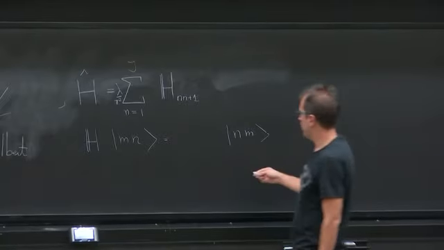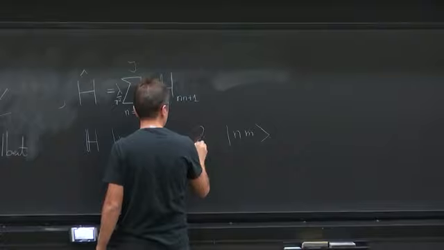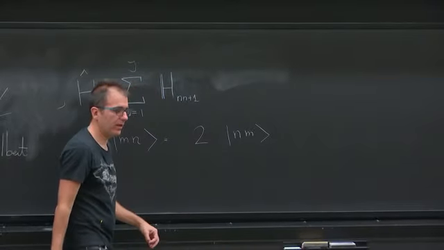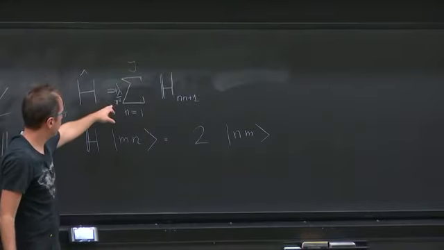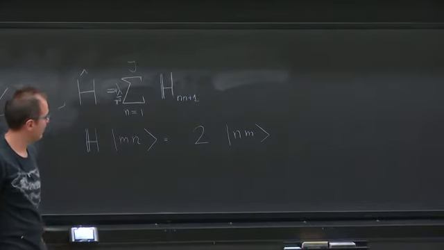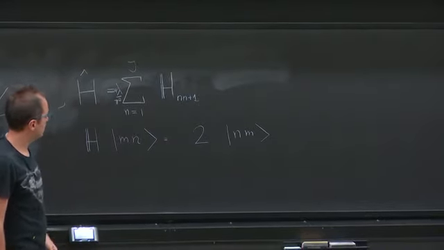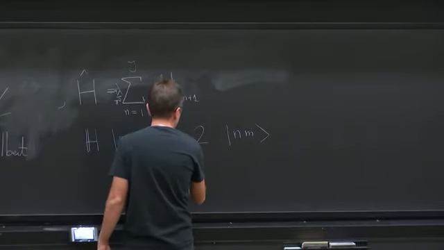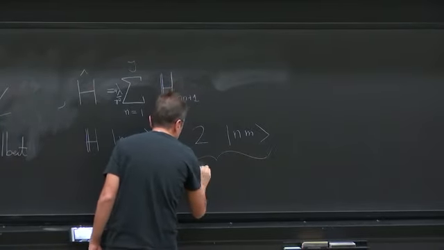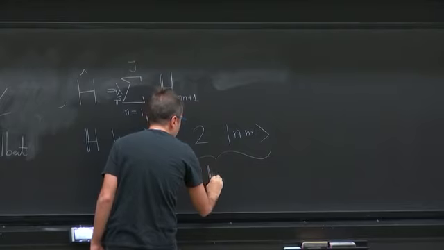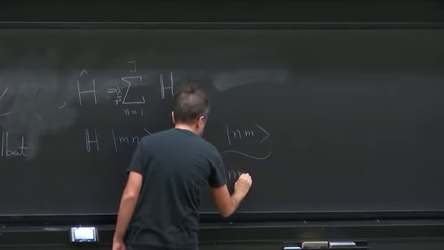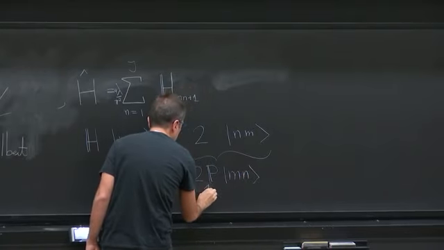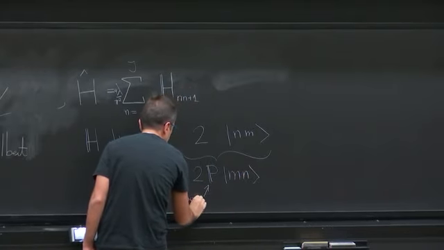So let me normalize and say coefficient 2. I normalize by, I put the 4 here. There was a 2 pi square. There's a 2. So this would be what we would say. It's 2 times the action of an operator that permutes the two sites. This is what's called the permutation operator.